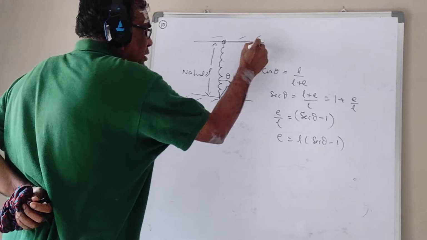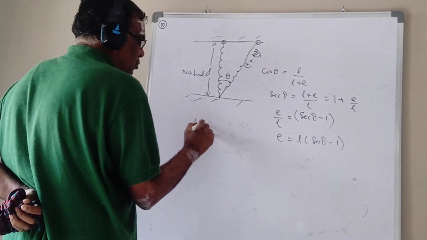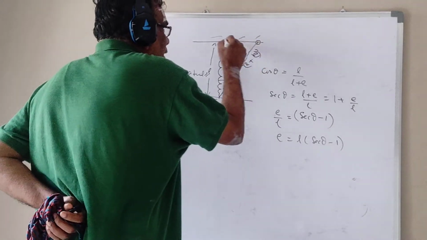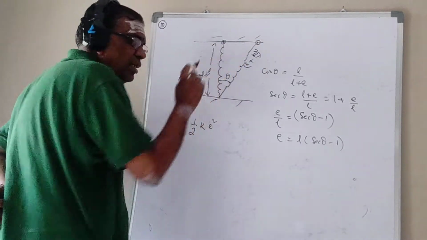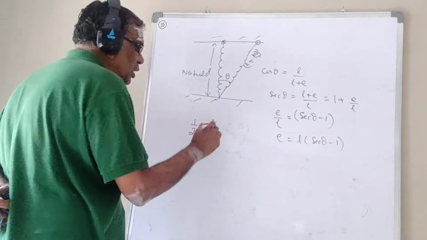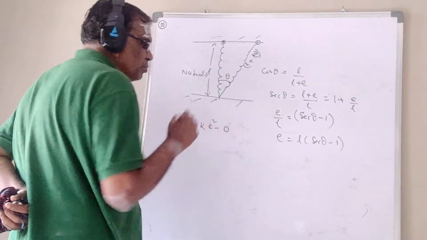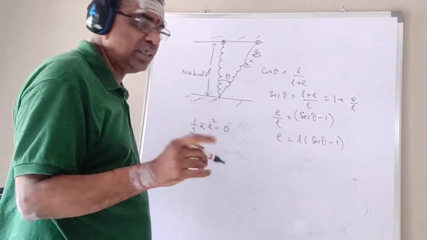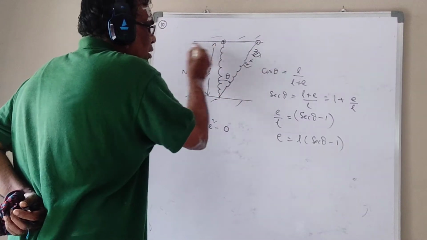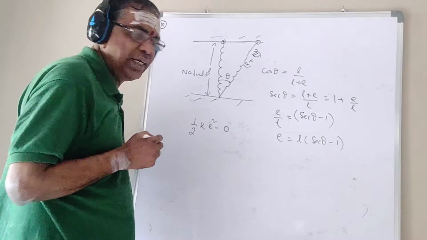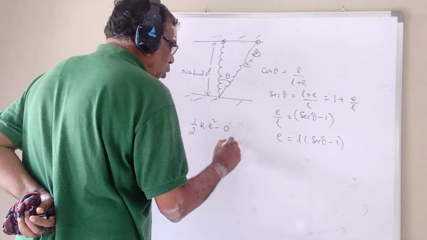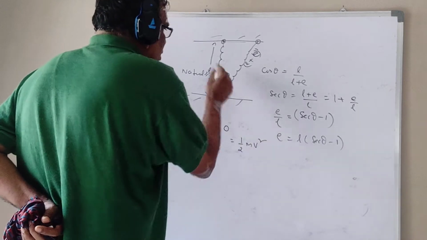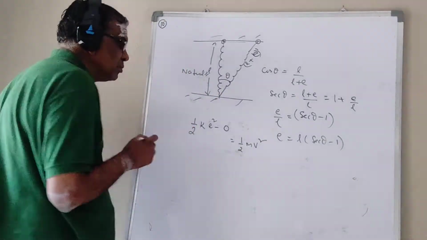So what is the energy stored here? Half K E squared. By the time it comes here, it is having the natural length, where the potential energy stored in the spring is 0, and there is no change in the gravitational potential energy. Therefore, all this should result in kinetic energy. This is a light spring.